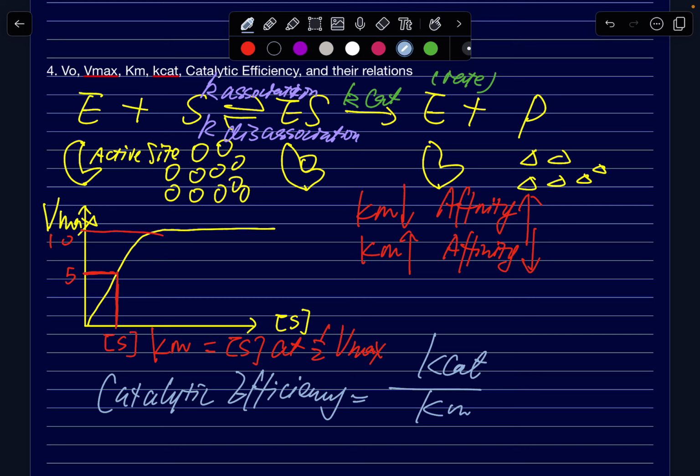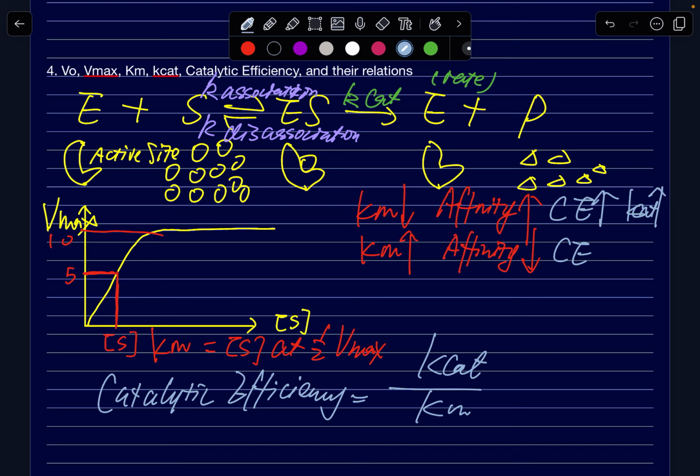If I put a CE here, meaning catalytic efficiency, you will see that here Km is low, so CE would be high, right? Because they're inversely related. And then kcat would be pretty high as well, because kcat is always directly related to catalytic efficiency.